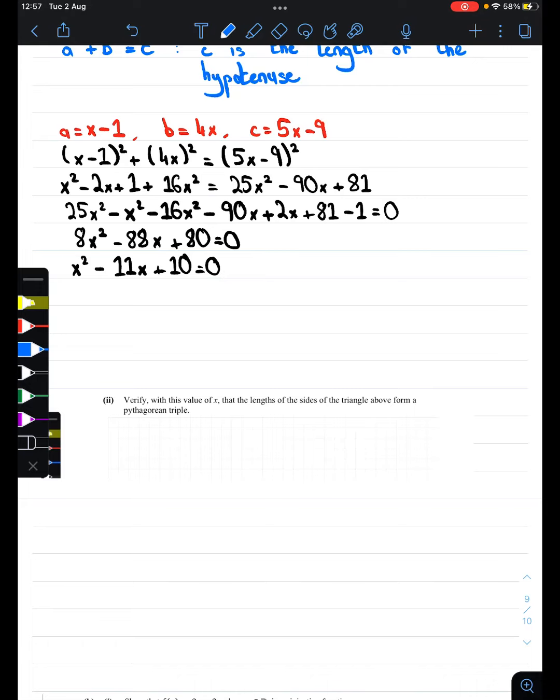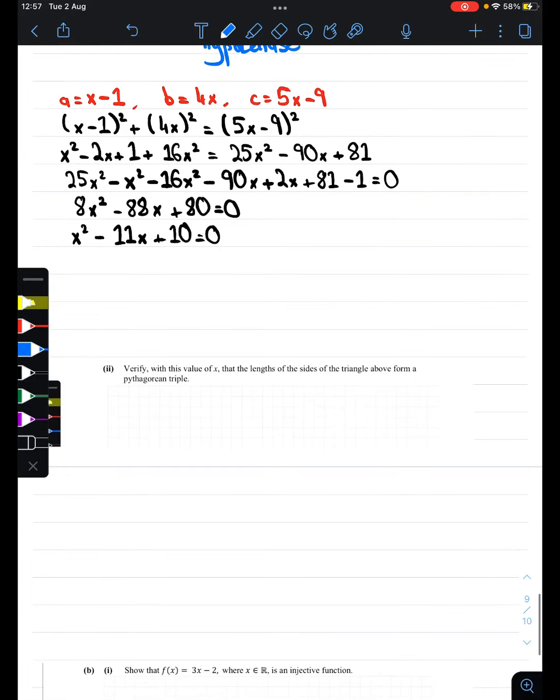Now we've got a quadratic equation, so minus b formula: x equals minus b plus or minus the square root of b squared minus 4ac, all over 2a, where a equals 1, b equals minus 11, and c equals 10.